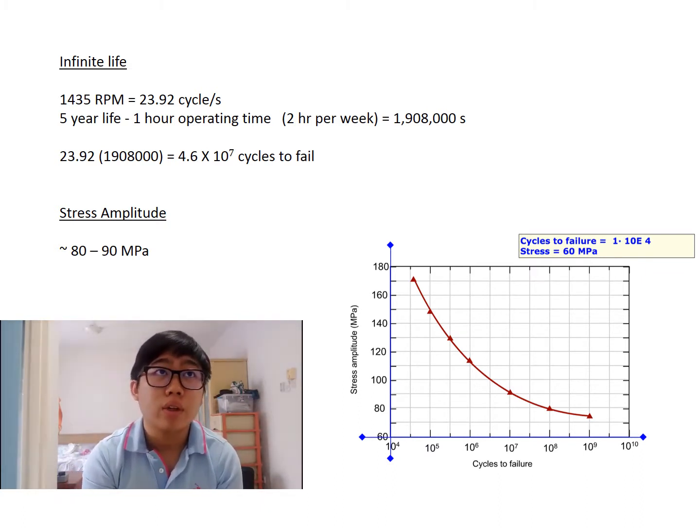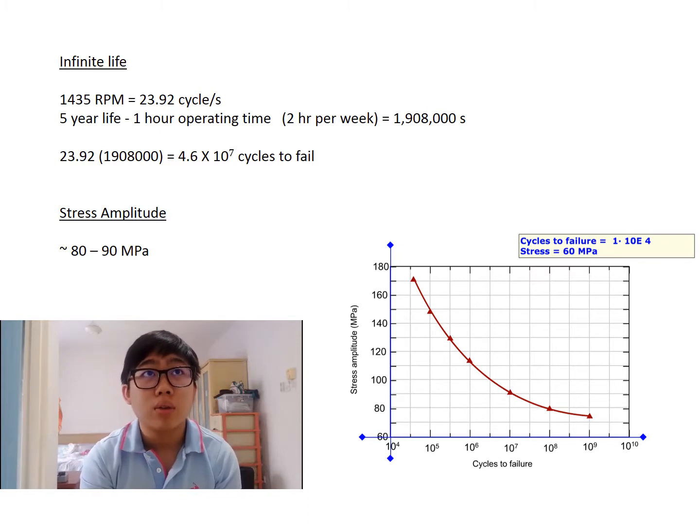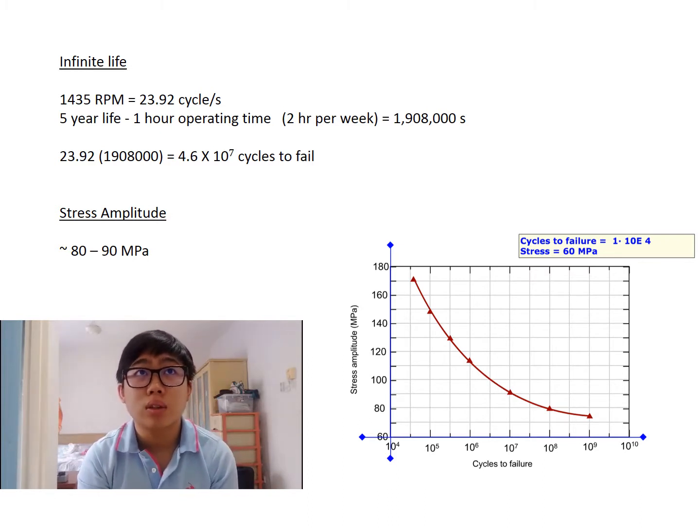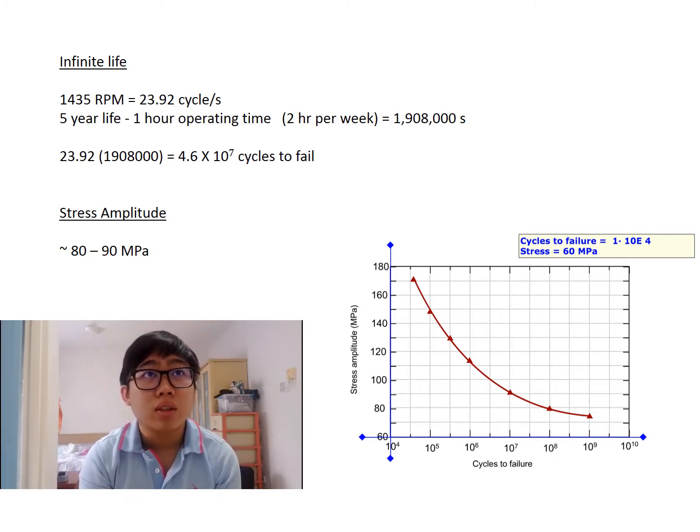For 5 years of life, with 1 hour operating time, 2 hours per week, equals 1.9 million seconds, and then we multiply with the cycles, and we get 4.6 times 10 to the power of 7 cycles to failure.